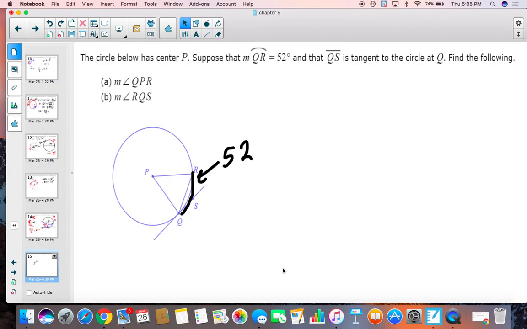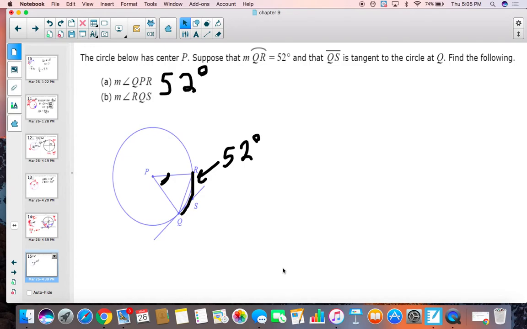QPR. Looks like QPR is the central angle. So if we know Q to R is 52 degrees, we know that arc angle. We know that QPR, since P is our center, is also 52 degrees.